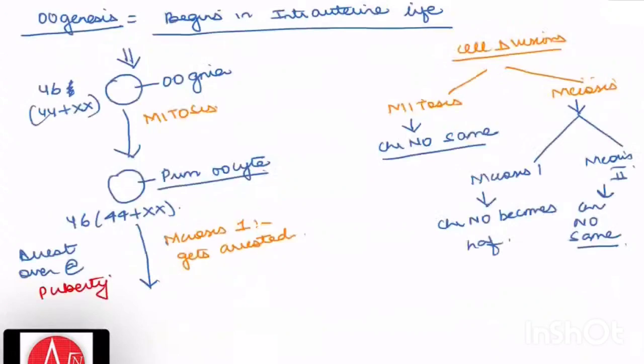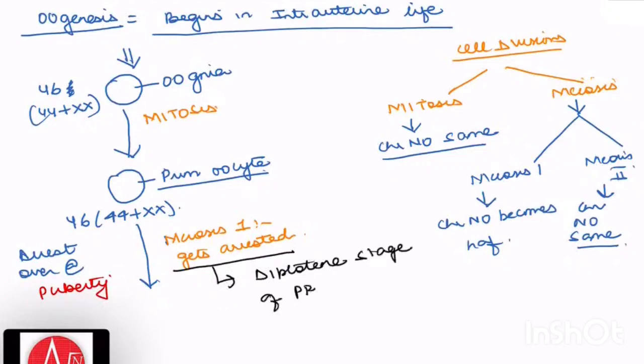Now, this arrest which was happening in meiosis 1 happens in the diplotene stage of prophase. प्रोफेज की डिप्लोटीन स्टेज में ये अरेस्ट होता है, right?